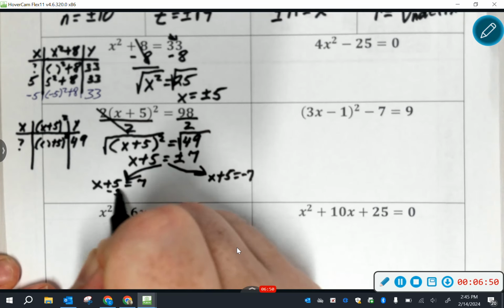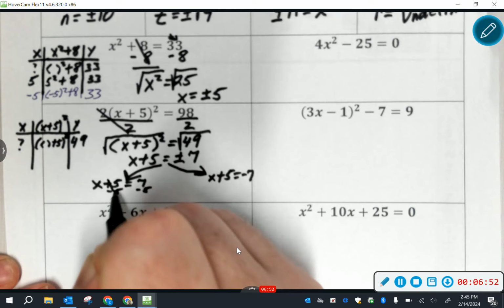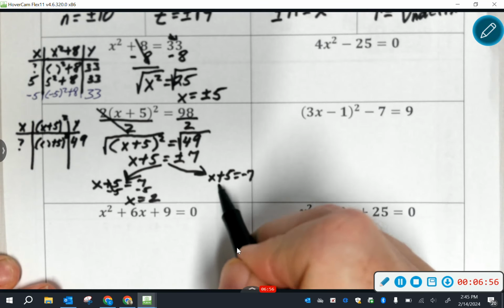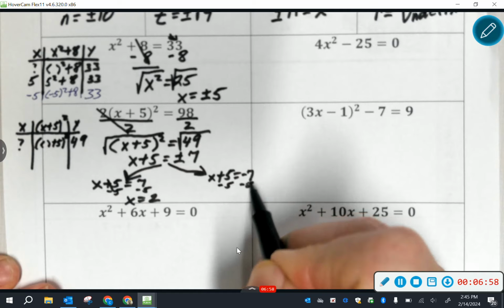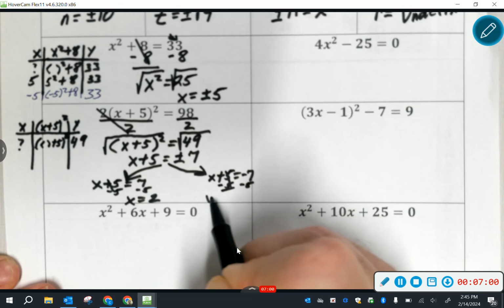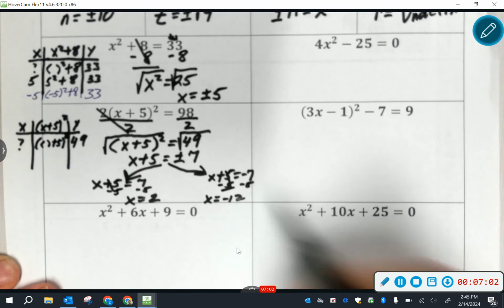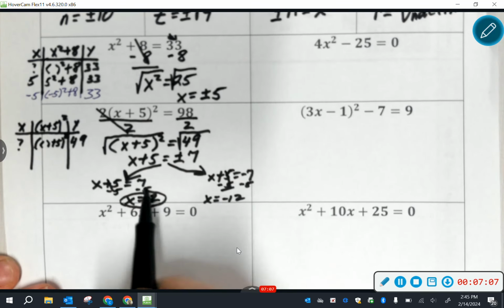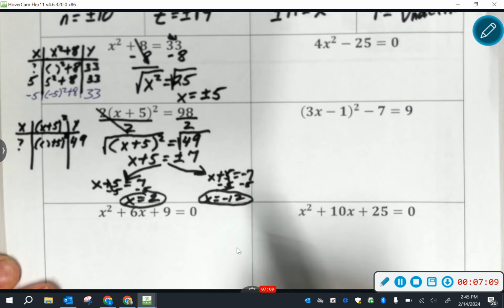So I subtract 5, so x is equal to 2, and then I subtract 5, x is equal to negative 12.